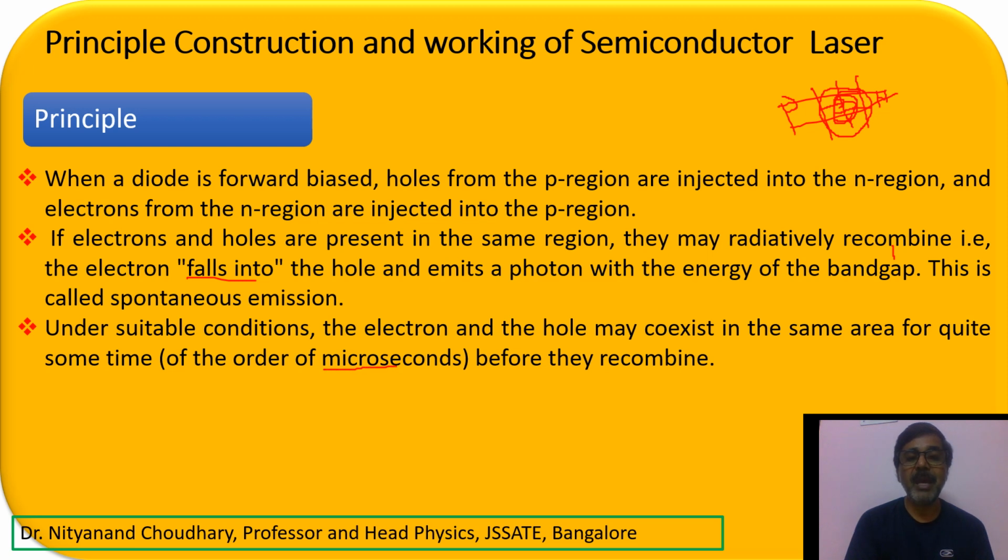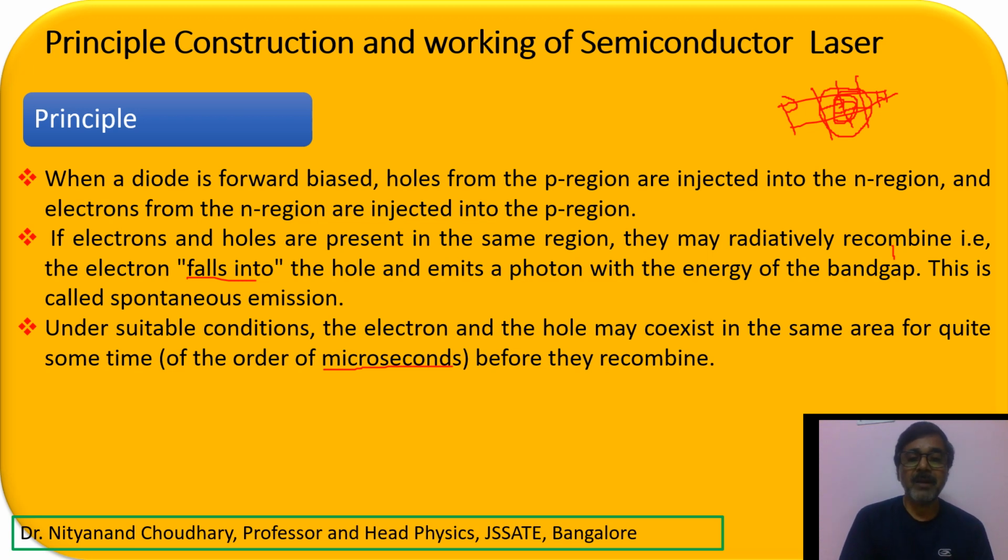They will be available separately before they recombine to generate the photonic energy, right? Within this time, that is in the interval of 10 to the minus 6 second, if you can stimulate this electron and holes, then the recombination process can be stimulated, and you can get your stimulated energy instead of a spontaneous energy. You can get the stimulated energy in the medium.